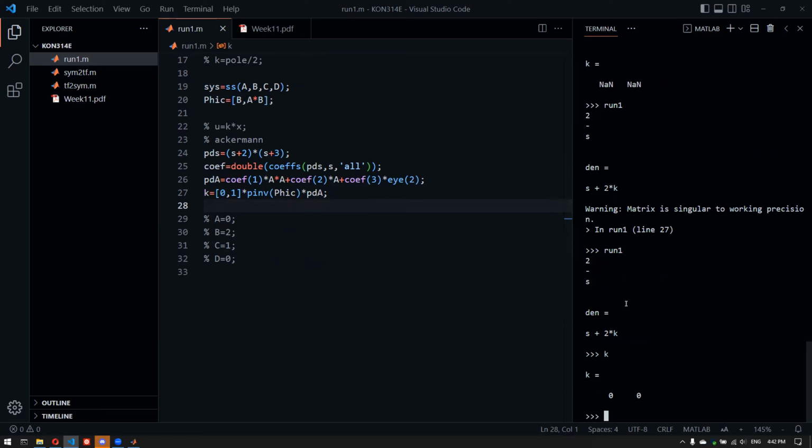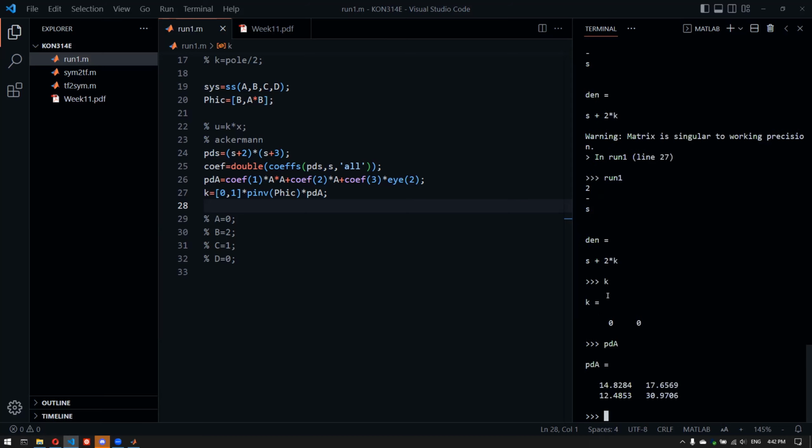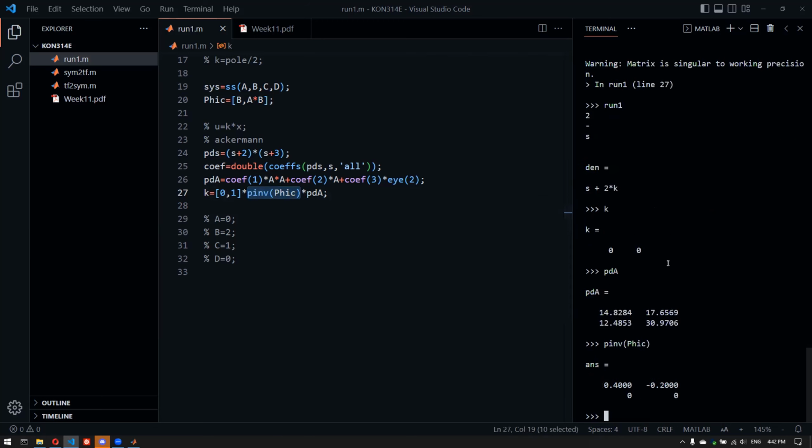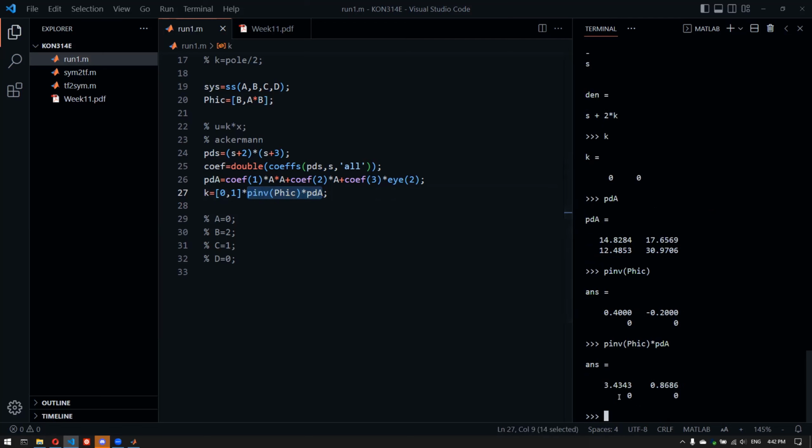What is PDA actually? We have a PDA. What is the pseudo inverse of phi c? We still have that. But if we multiply PDA and phi c here, we kind of get a 0 row here. Since we are interested in the second row, it gives us 0 here.